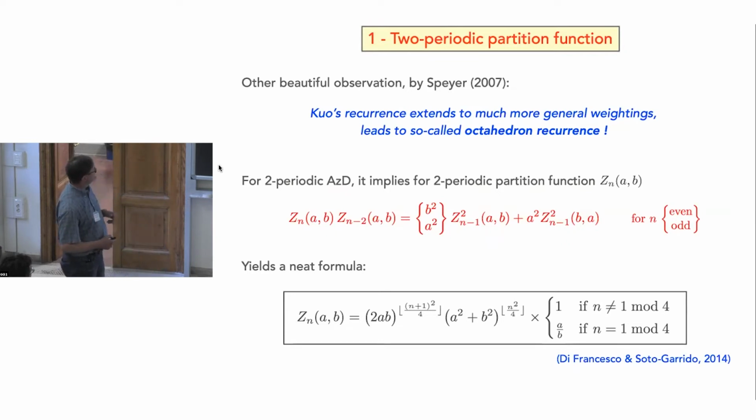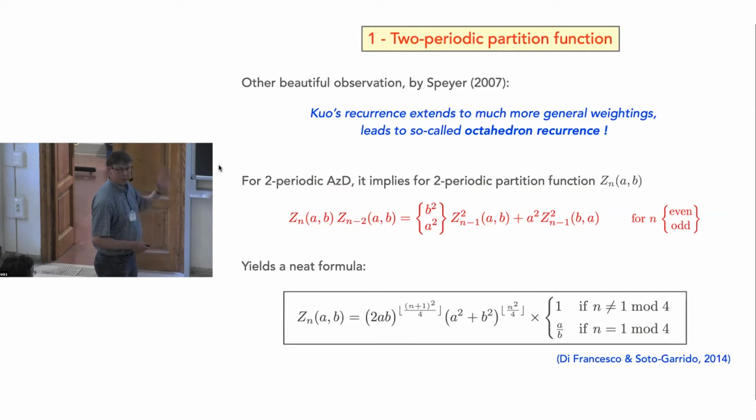And Speyer observed that this T-system is satisfied by the partition functions of Aztec diamonds for a general weighting, namely, for the two-periodic case you marked faces by A and B, but in this case you can actually mark every face with a specific variable. So it's a huge generalization of the two-periodic case.